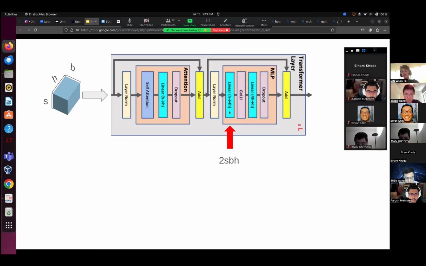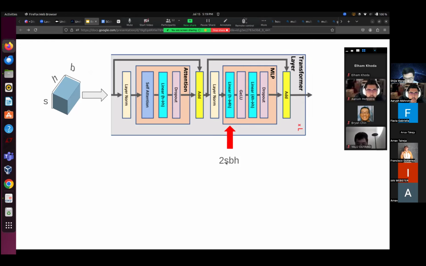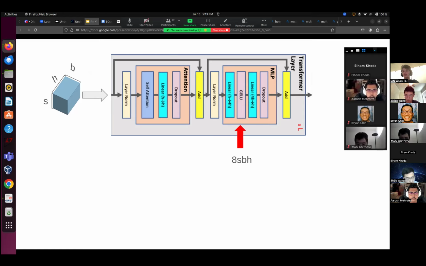And so since the input to this operation is the size of your input matrix, you then just need to multiply that size by 2 for the bytes. Next, for the activation function, this one's called GELU. I forget what GELU does to all of your values, but it does something. It doesn't actually change the size of the matrix. It's the same input and output.